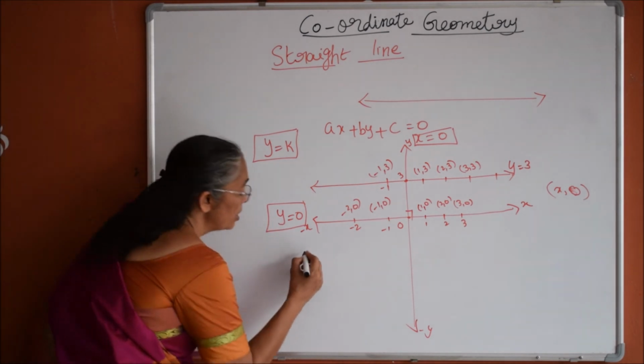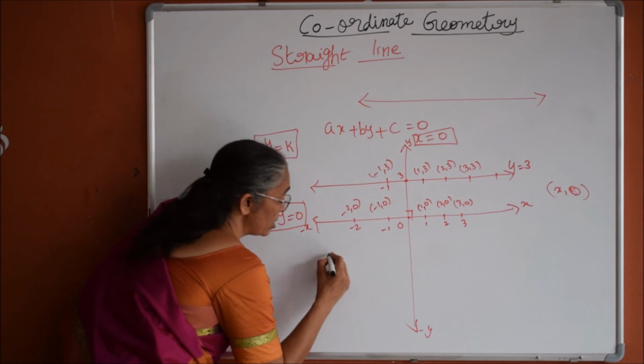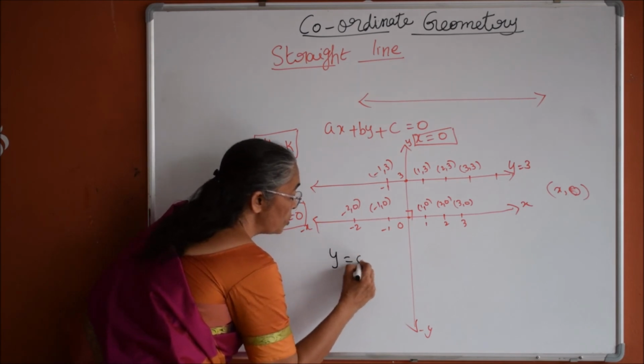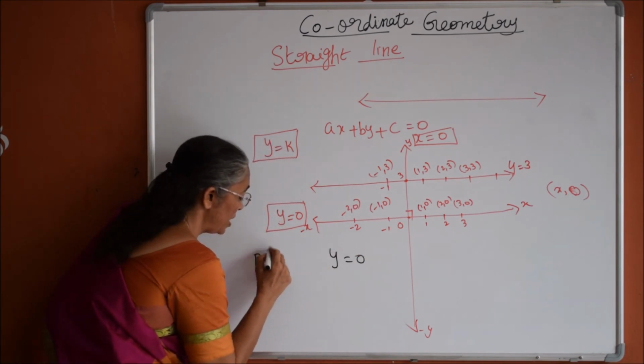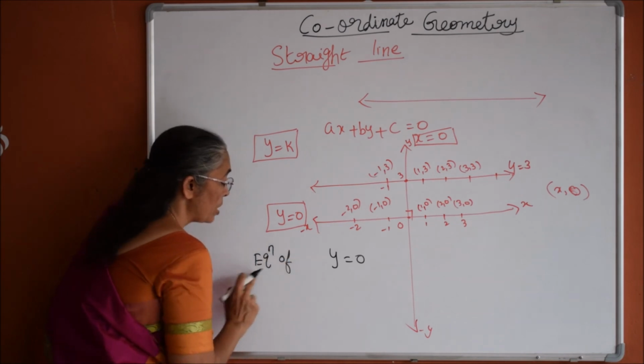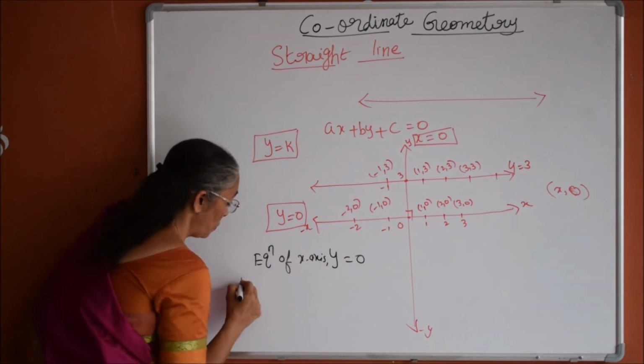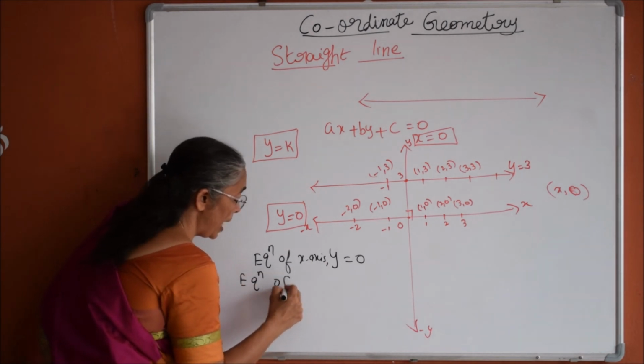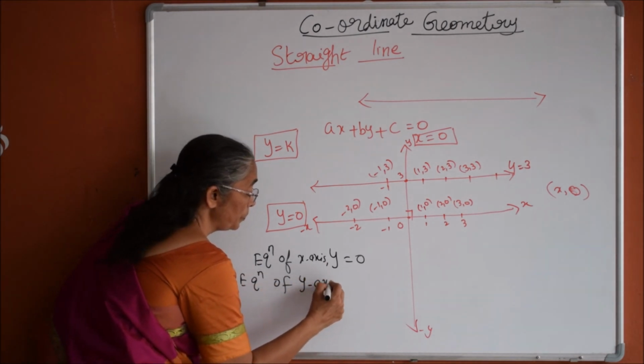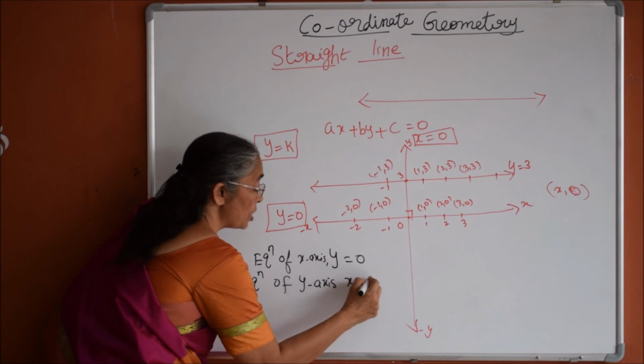So what did we learn? Equation of the x-axis, y is equal to 0. So what equations of straight lines do you know? We are writing now. Equation of the x-axis, y is equal to 0. Equation of the y-axis, x is equal to 0.